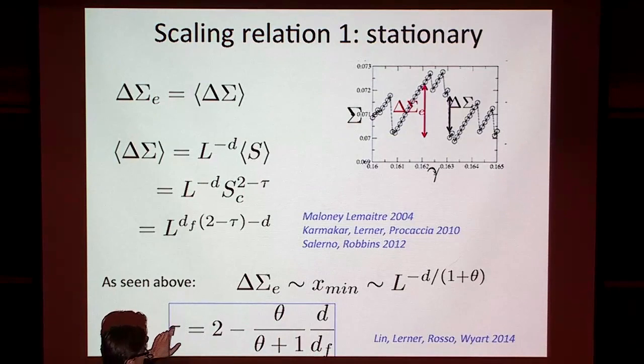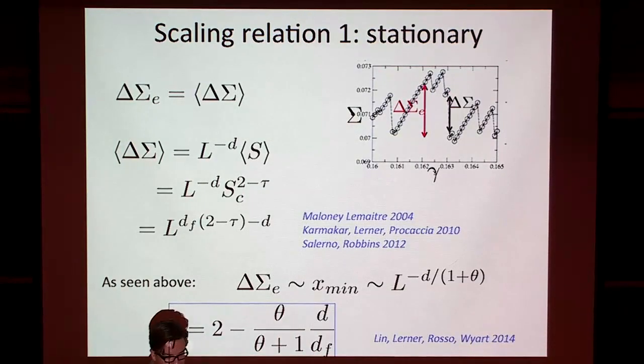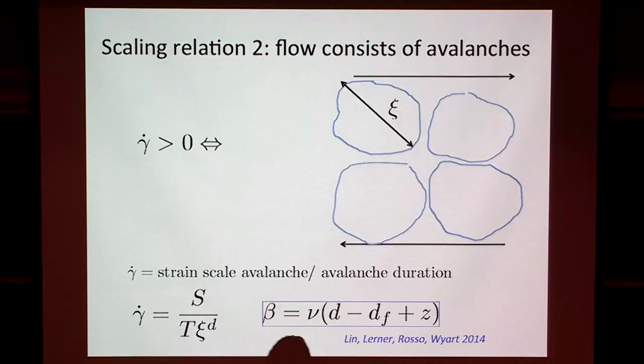So tau, the distribution of avalanches, and df, how they grow in size with linear size. That's the first one. Then the second scaling relation, we really steal it from depinning, and it's the idea that if you're at a finite strain rate, you can think about flow as many avalanches of size psi going on in parallel.